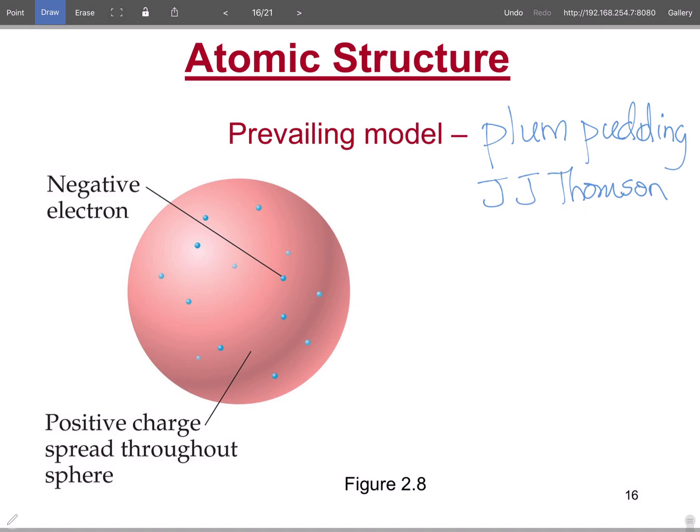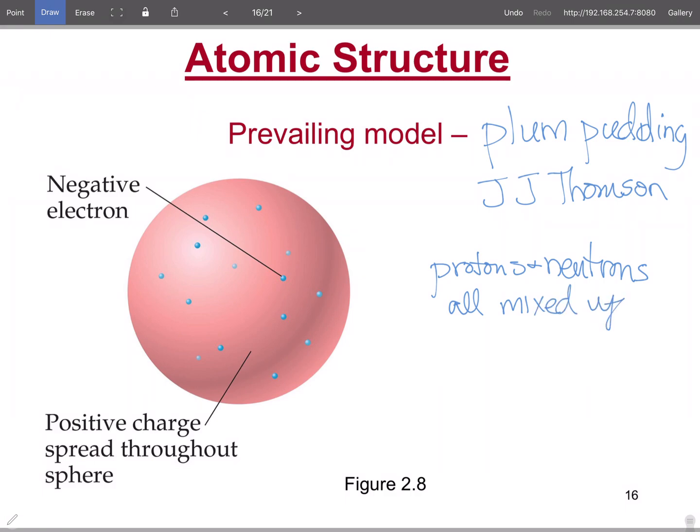We don't do that. So I'd refer to this as the chocolate chip cookie model, because what we have here is the protons and the neutrons all mixed up like cookie dough.